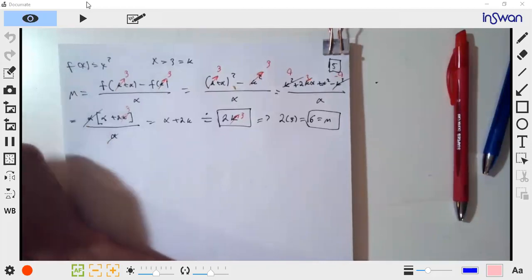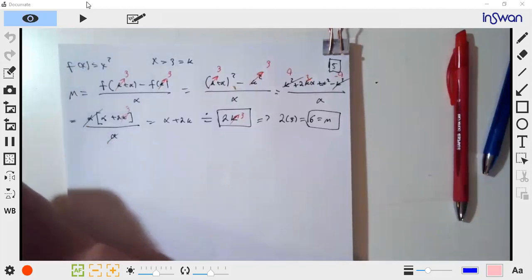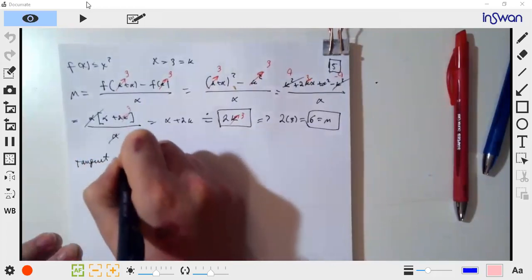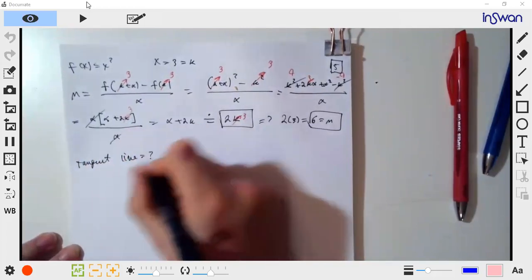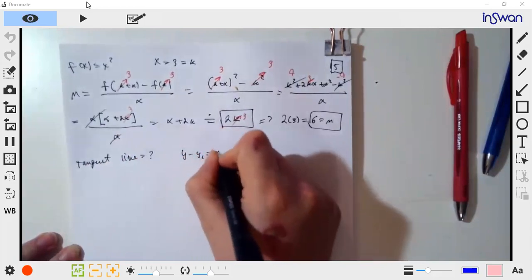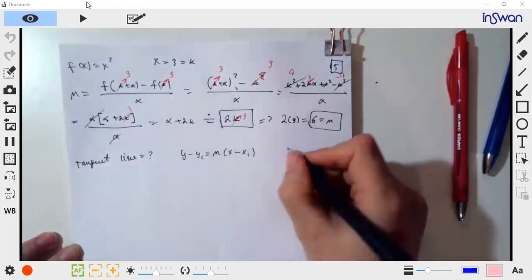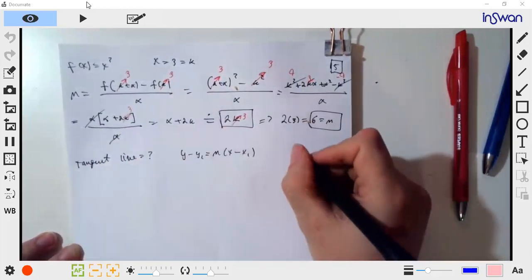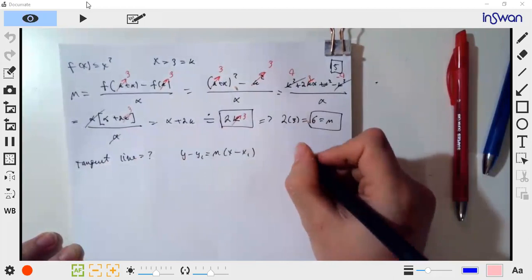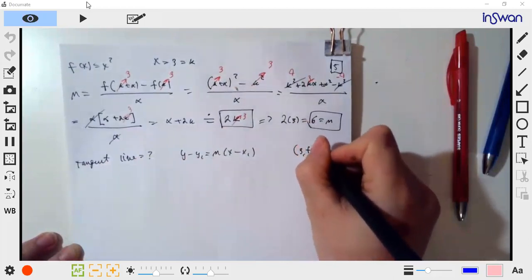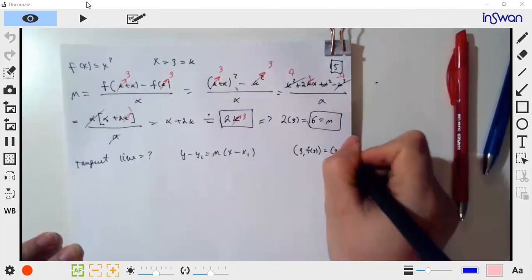Okay, so now that we found the slope, what is the tangent line? Well, y minus y1 is equal to m times x minus x1 is your best friend. We will utilize the point we have on the function, 3 and f of 3, which is (3, 9).